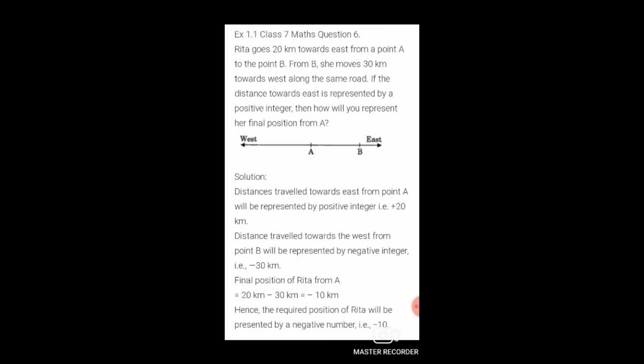So we have to find out the final position of Rita from A. So 20 km, we have represented 30 km as minus, so minus 30 km. So when we are subtracting, we will be getting the answer with the sign of the greater number. So minus 10 km. Hence the required position of Rita will be represented by a negative integer, that is minus 10.